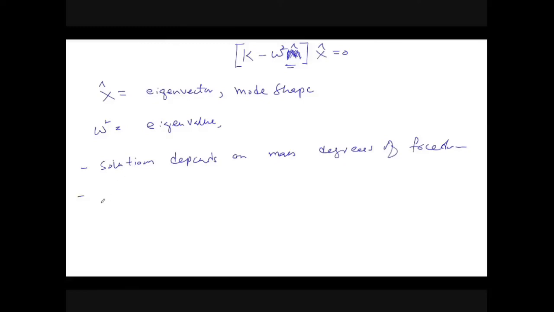So for every solution, there will be one eigenvector for each eigenvalue.